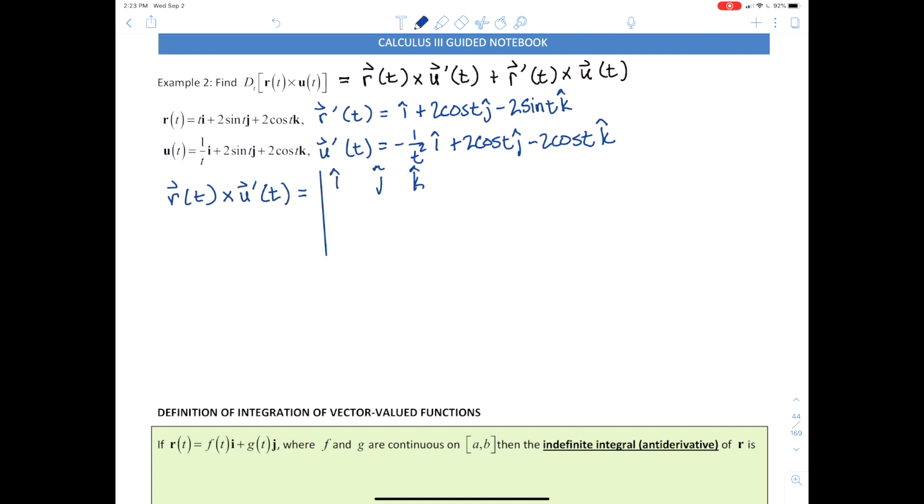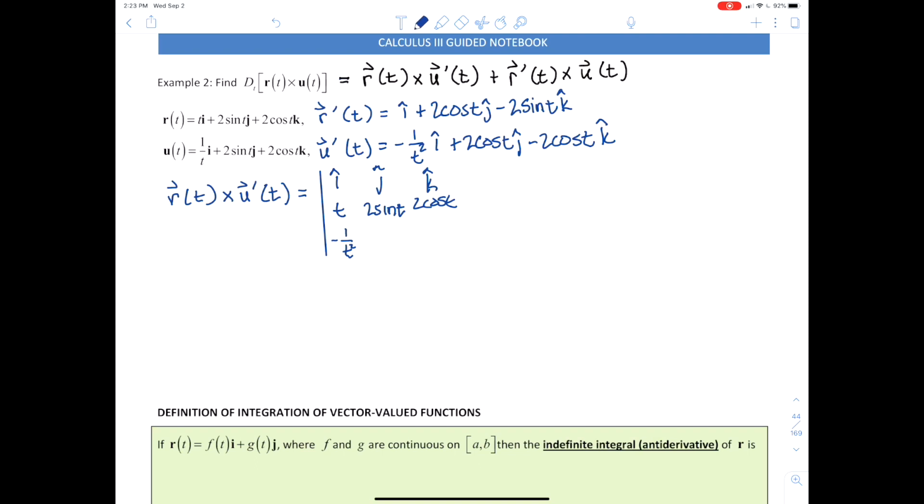You're going to have what r is, and r is t, 2 sine at t, and 2 cosine at t. Move that k over. And then for the bottom row, we're going to have the components of u prime at t. So u prime at t was negative 1 over t squared.